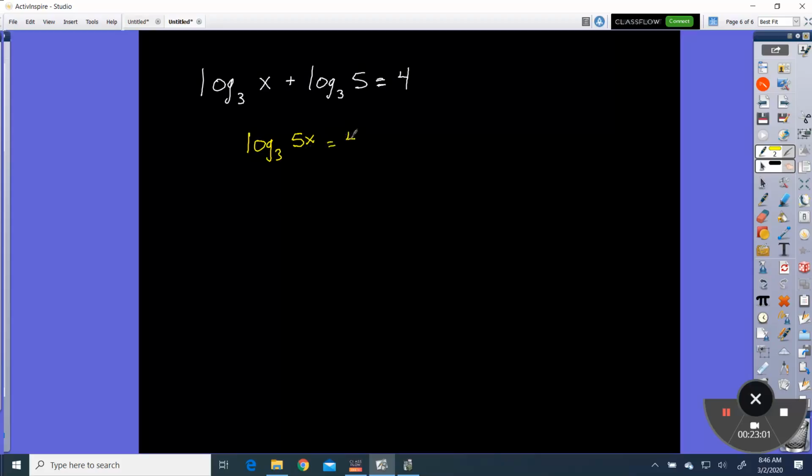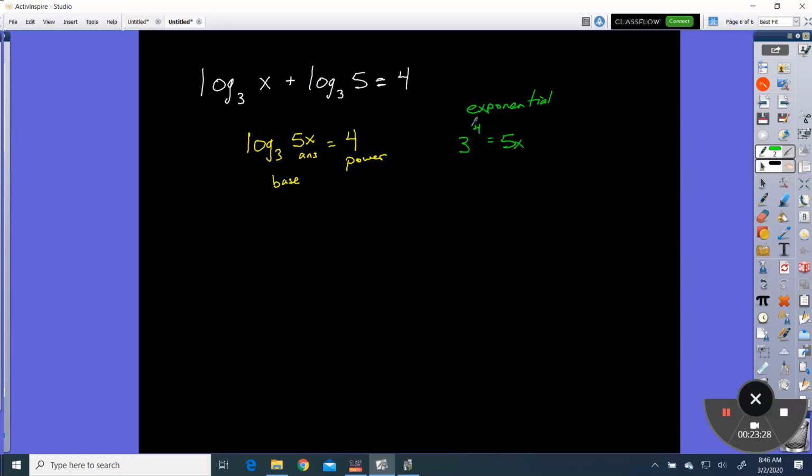equals 4. So this is the base, this is the answer, this is the power. So if I were to rewrite this, I now want to put it in exponential form. 3 to the 4th equals 5x.